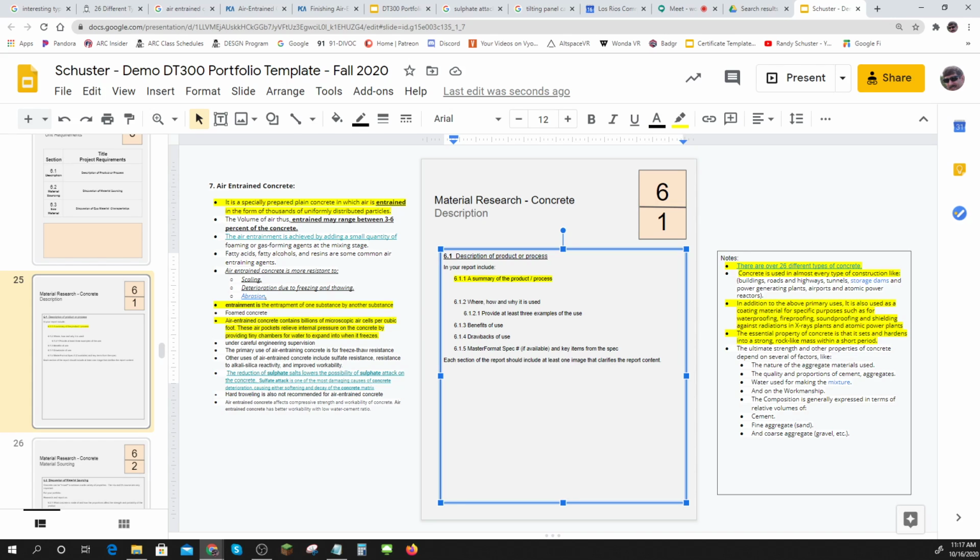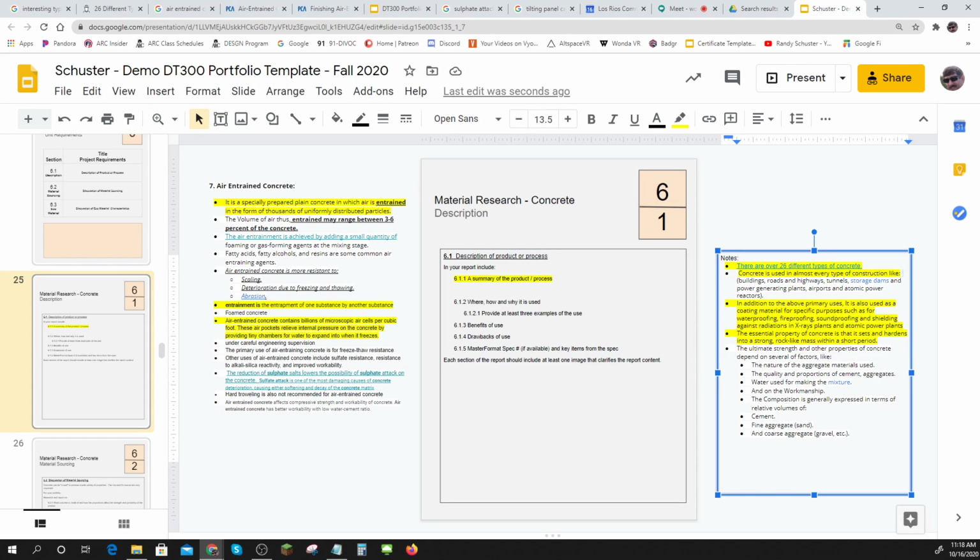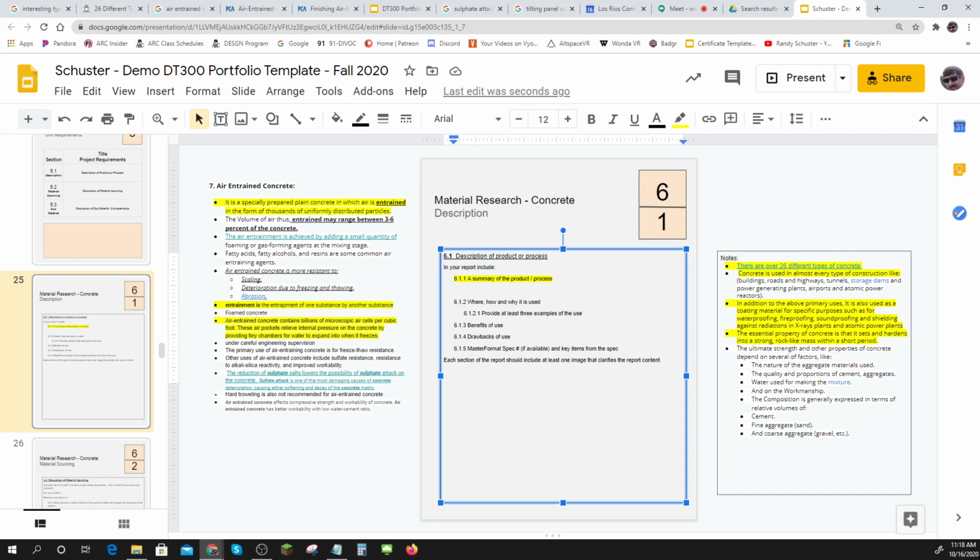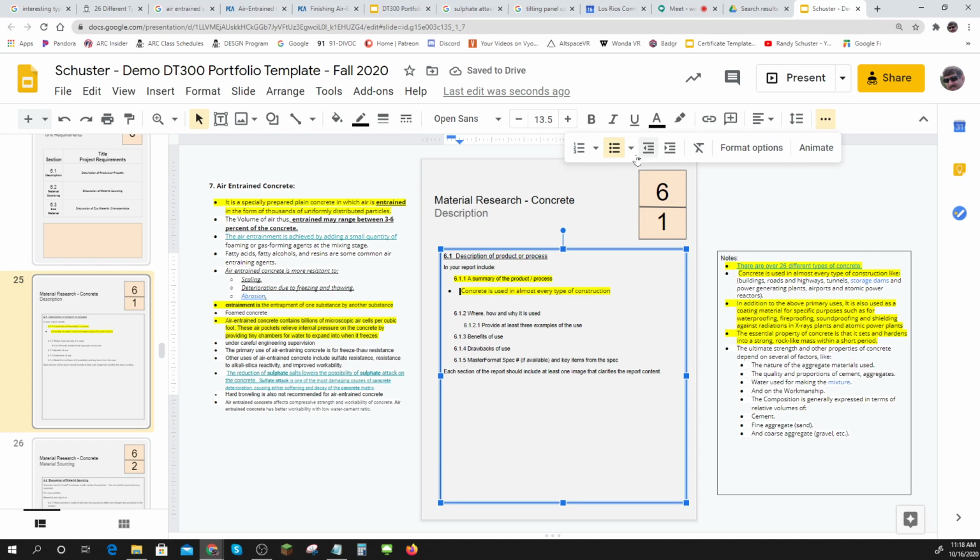I'm going to start off with concrete is used in almost every type of construction. So I'm going to start with that. And I'm going to get rid of bullet points because now I'm going to try to write something.